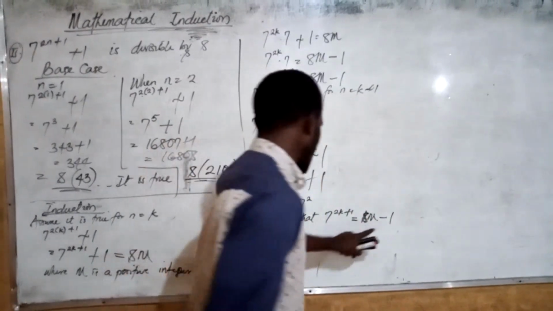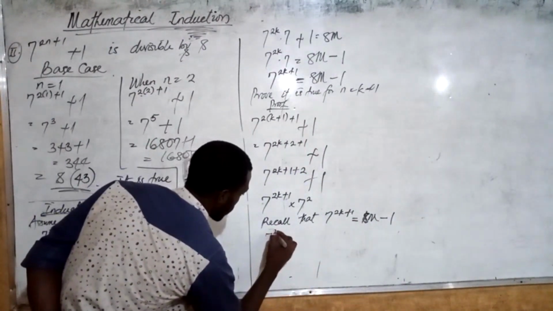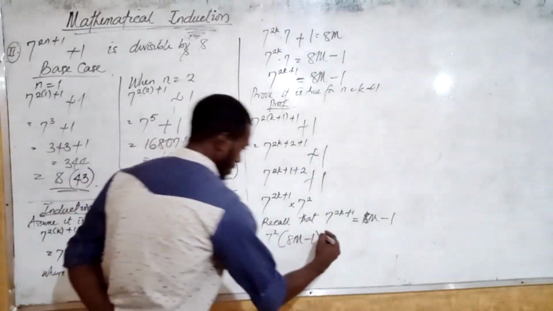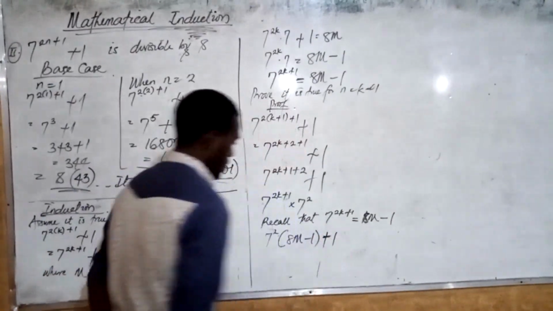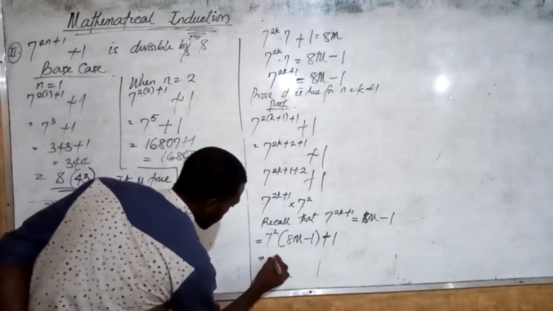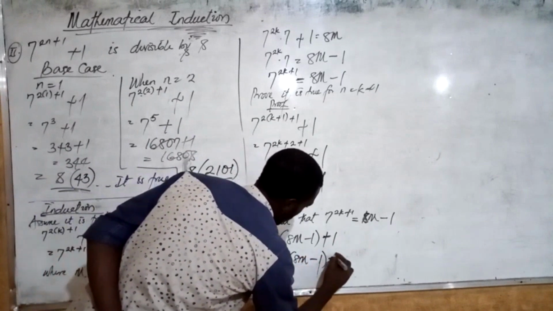Now we bring that into the expression so that we have 7 squared open bracket 8n minus 1, plus 1. So it is equal to 49 into bracket 8n minus 1, plus 1.